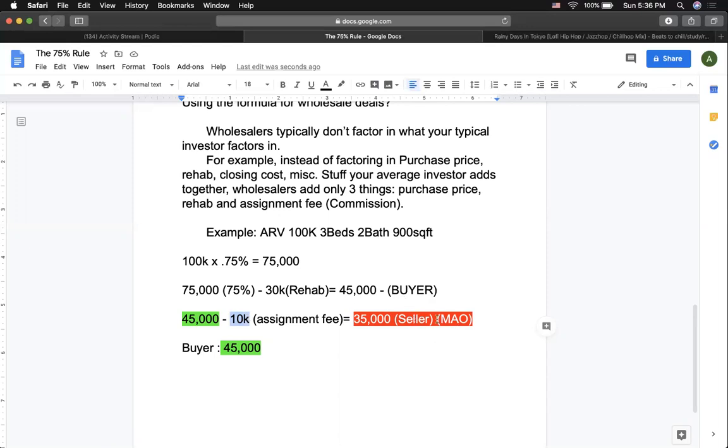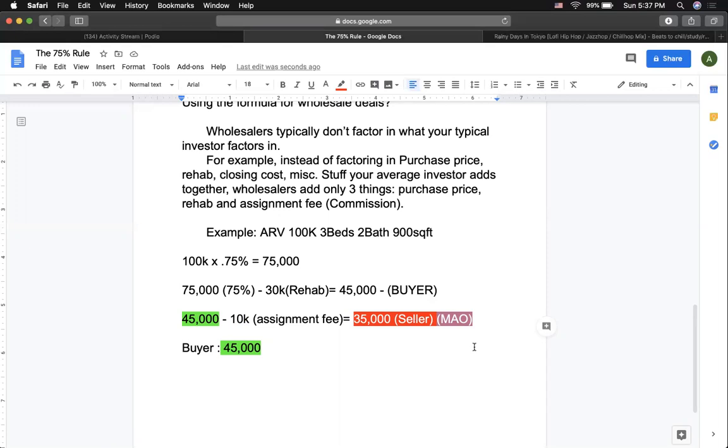As you can see here, I also put MAO. This is another way of saying maximum allowable offer. The maximum allowable offer is the offer that you must stick to in order to pick up the property.